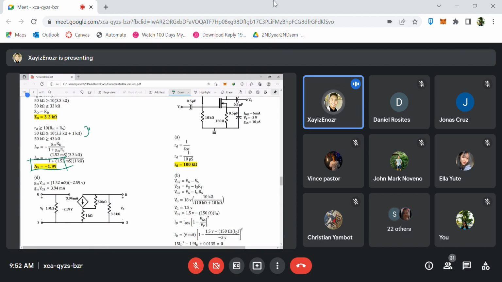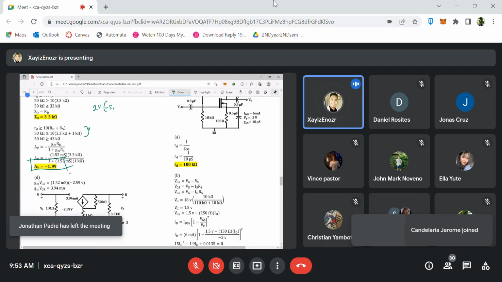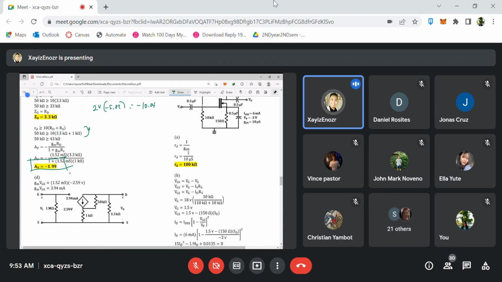For example, pag nag-input ka ng 2 volts, kapag ang gain mo is negative 5.02, multiply mo lang yan. So that will become negative 10.04. Okay. Then, kapag 2 volts, ang gain mo is negative 1.99. So that is almost equal na yan kay negative 4.